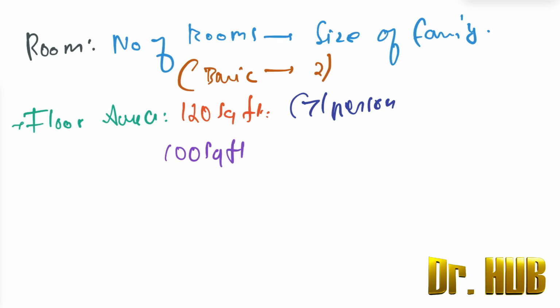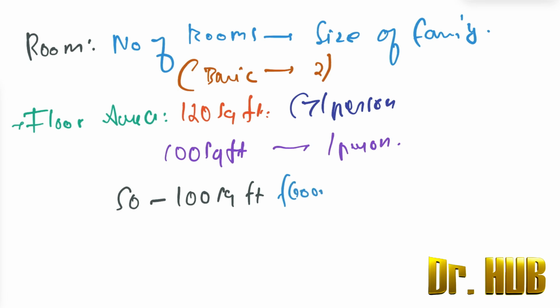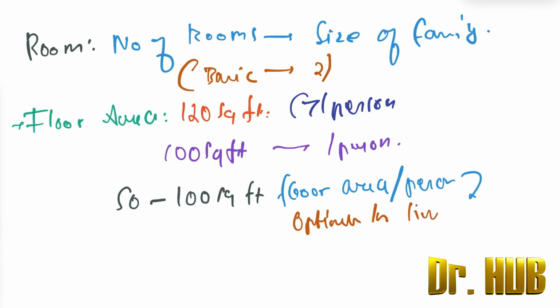A floor area of 50 to 100 square feet per person is optimum in a living room.